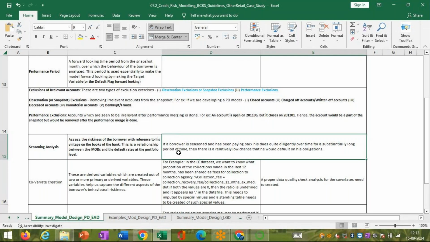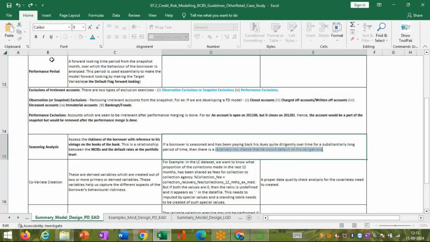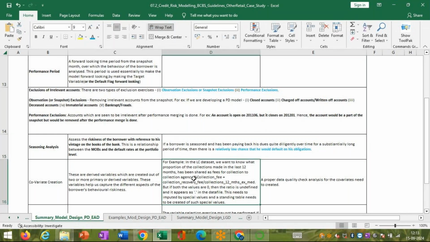This analysis helps us identify those customers who have been paying back their dues diligently over a period of time, because we know their behaviors have stabilized, and hence any radical change in their behavior is not expected unless there are some external or exogenous events which can come up.